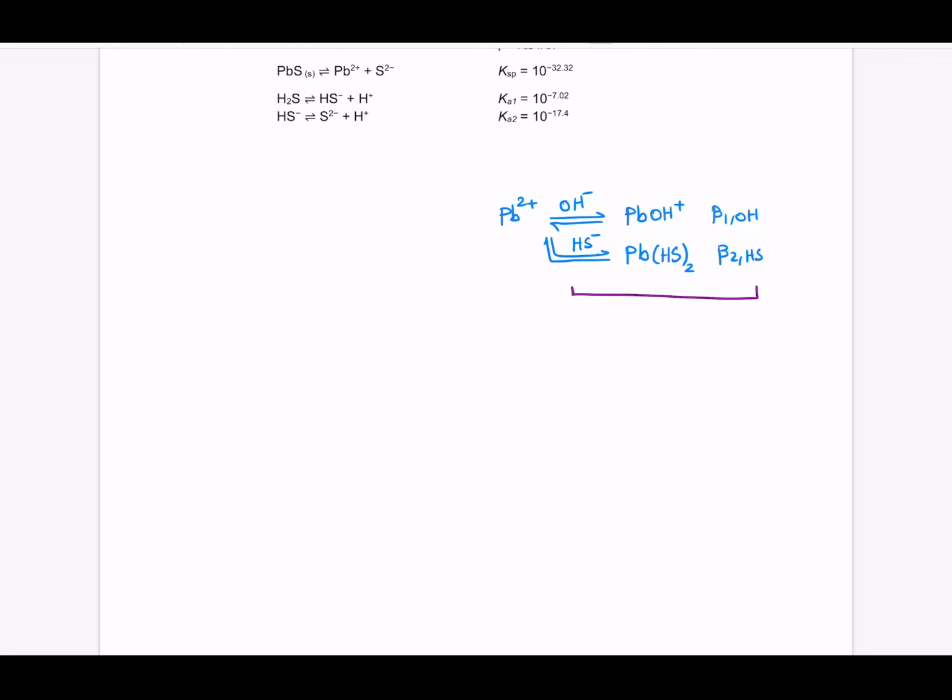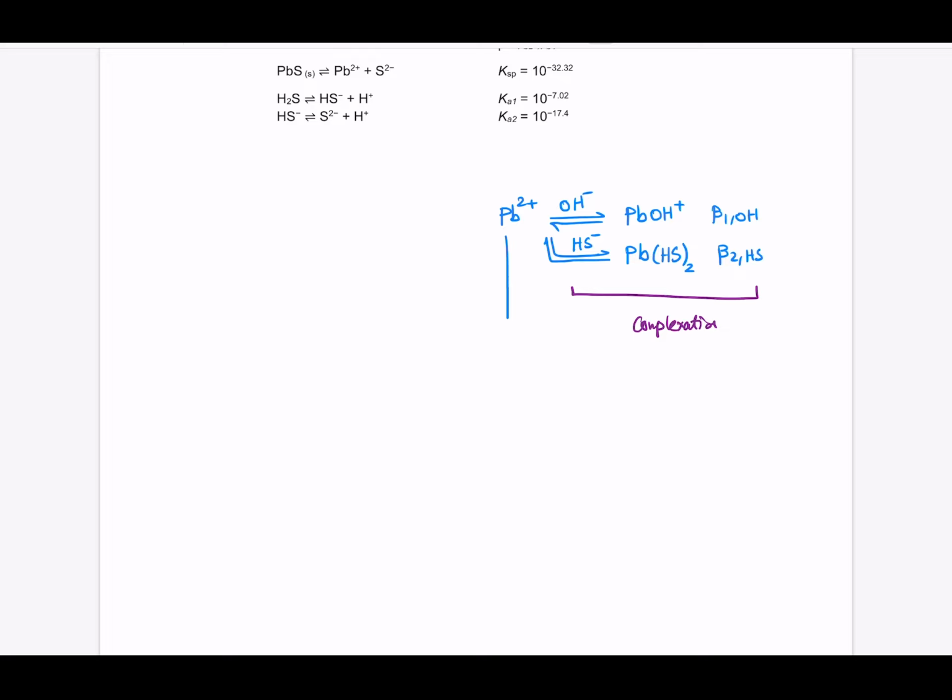So this would be all complexation. So what's next then? Before that, one before, redox.